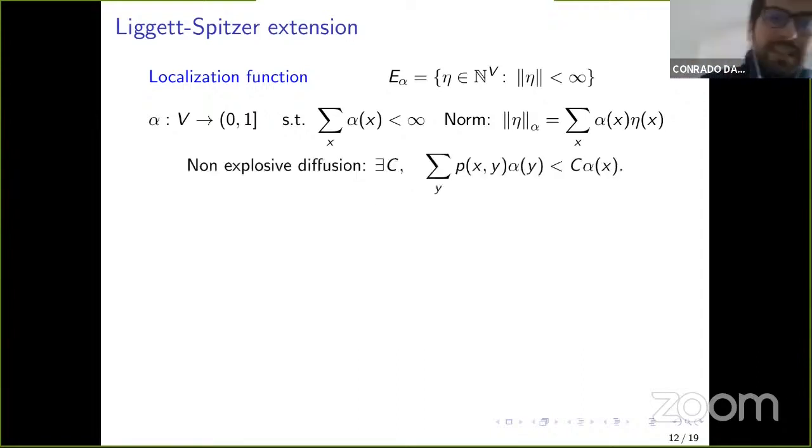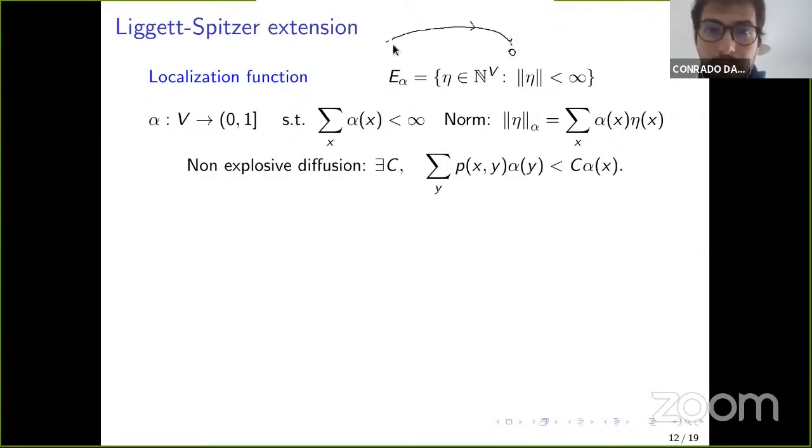The point is that there's an art in choosing these localization functions. They have to satisfy a certain compatibility with the diffusion kernel. Basically, what this is saying is that particles from very far away will not jump with very high probability to the origin. So let's say this is the origin. We're not jumping from very far away to the origin.